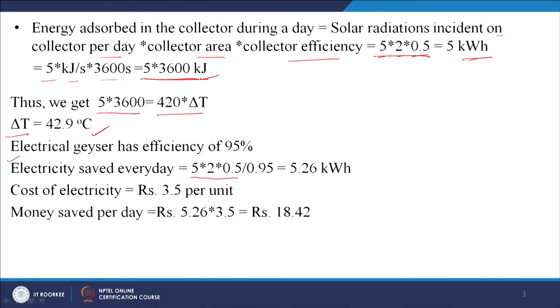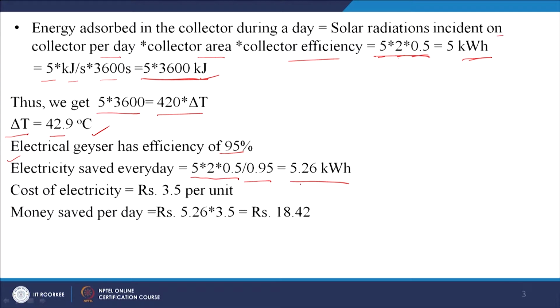So, that is equal to 5 into 2 into 0.5, but the geyser has an efficiency of 95%. So, we have to divide it by 0.95 to get the actual electrical energy required to heat the water to raise its temperature by 42.9 degree centigrade.